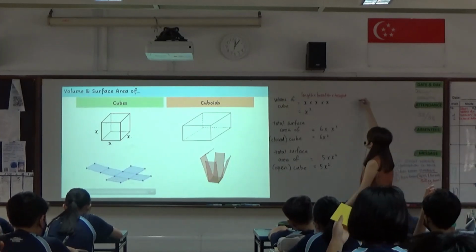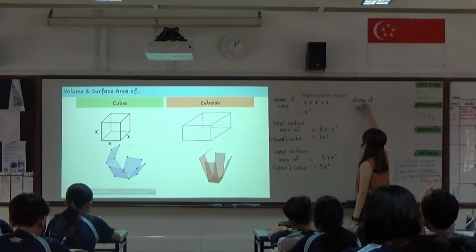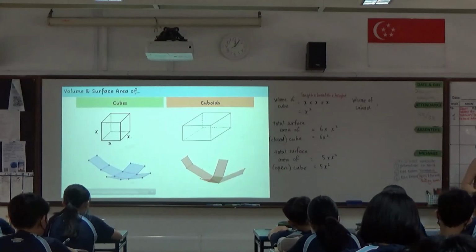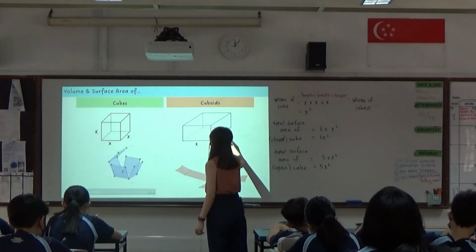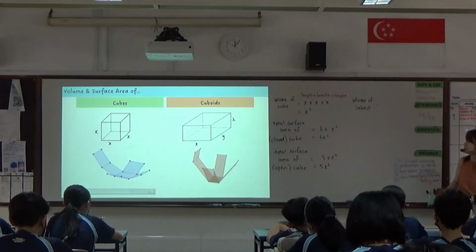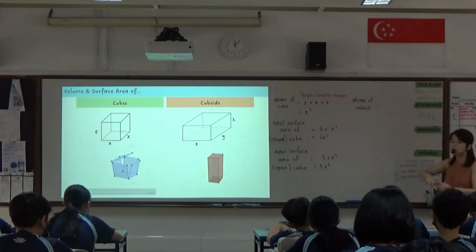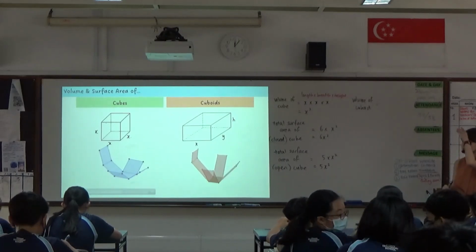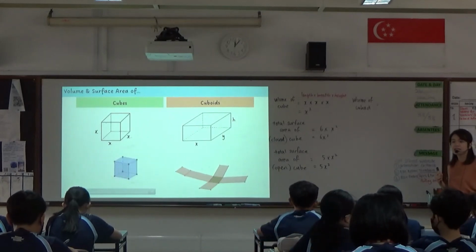Then when it comes to the volume of your cuboid, in the diagram that I have printed for you in your worksheet, I labeled this X, Y, and H. The logic remains the same as your cube, also length times breadth times height. What is the volume of cuboid formula then? What do you recall? Length times breadth times height.